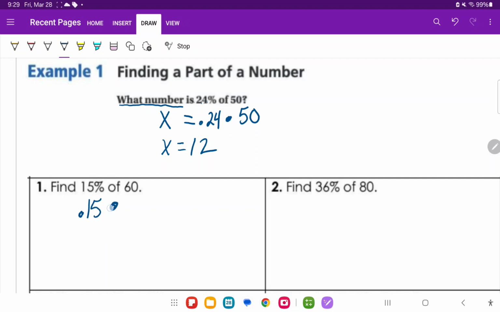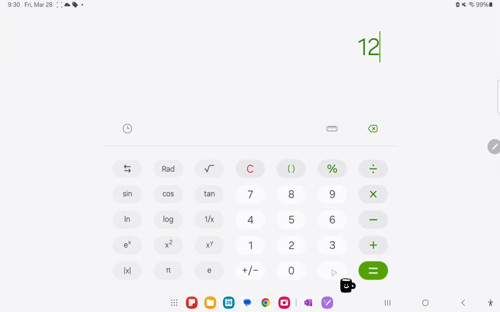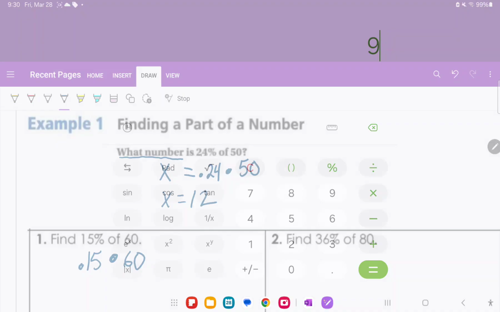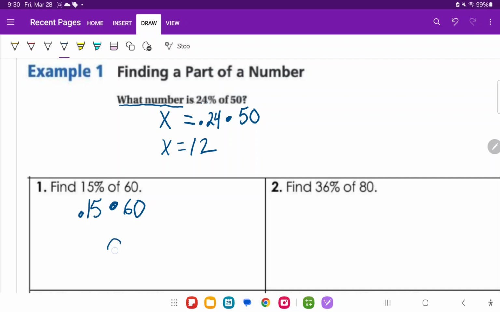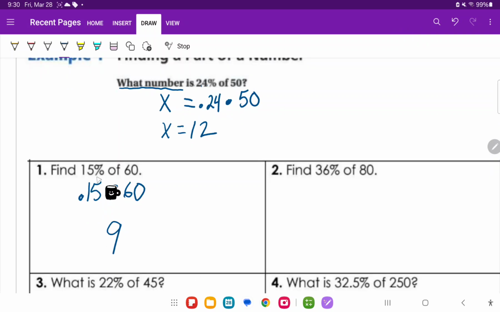Of means multiply, and then 60. So we go 0.15 times 60, and that is going to be 9. So the answer here is 9. Just remember, we're always moving the decimal 2 places before we multiply.